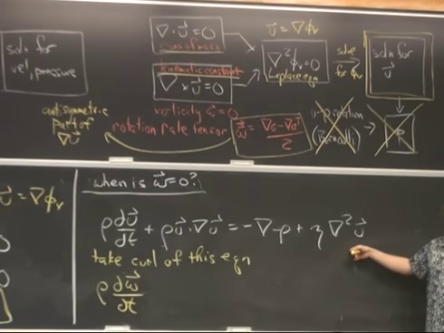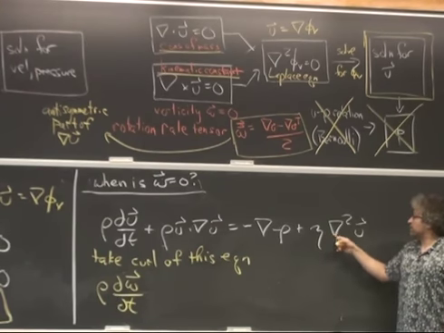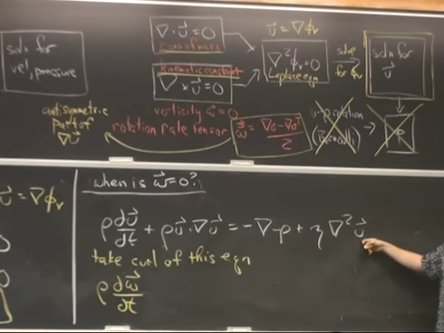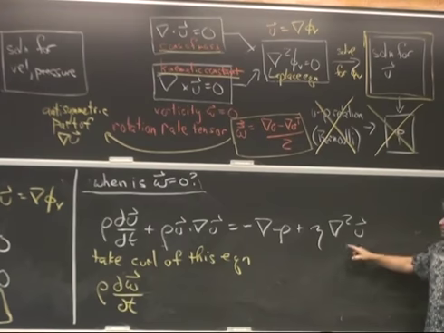Similarly, if I go over here and I take the curl of this, I'm basically taking the curl of this scalar which comes out. I'm taking now the curl of the Laplacian of u. But the Laplacian is also a linear operator, and the curl is a linear operator, and the Laplacian and the curl commute.